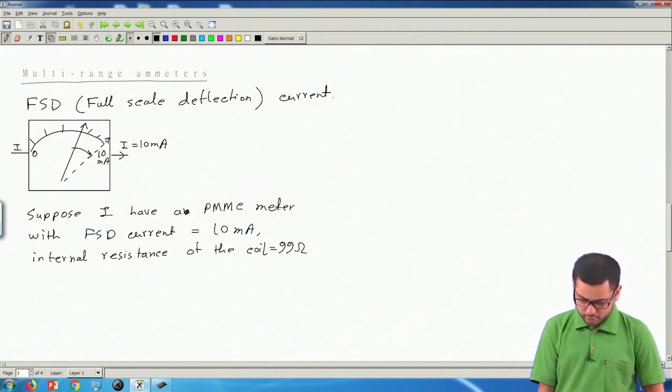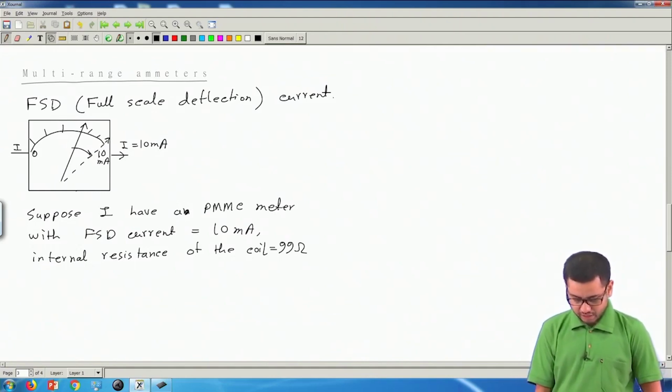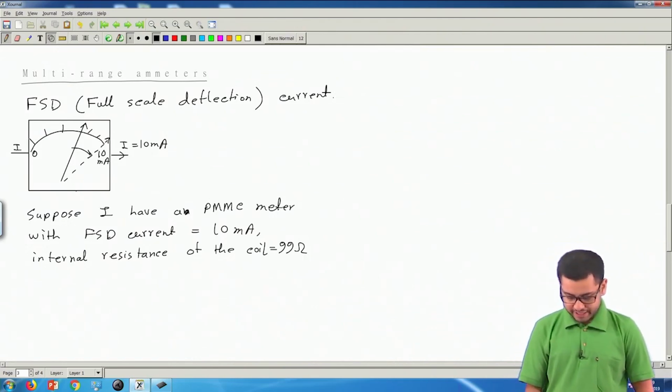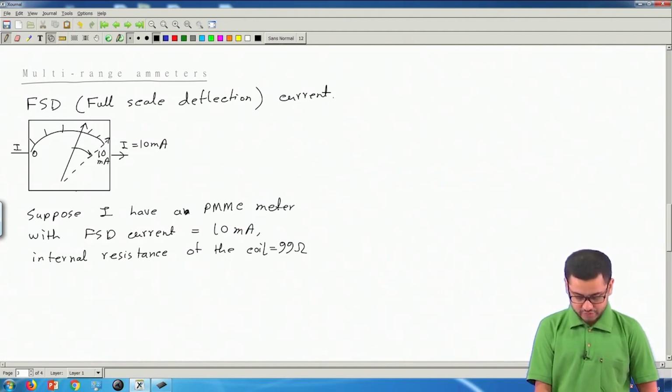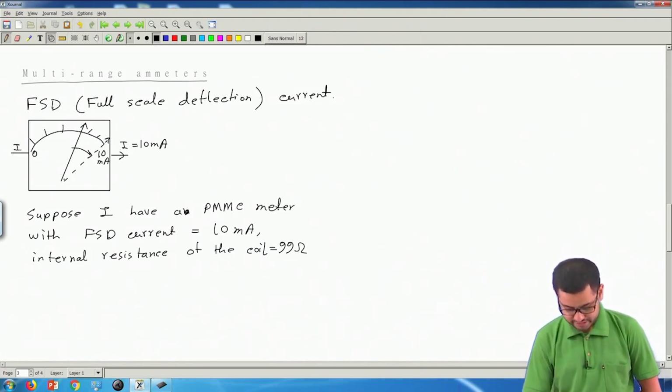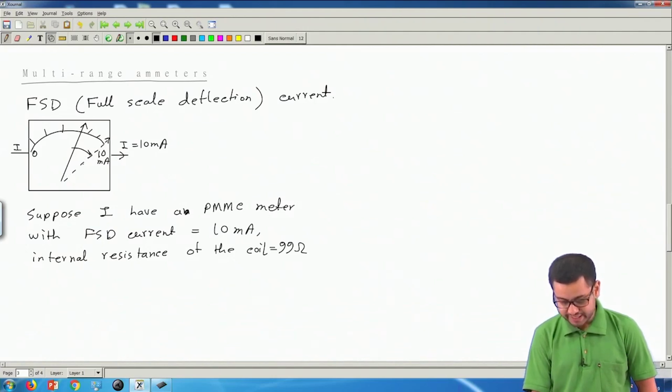Now suppose I want to measure a current which is say 100 milliampere or close to say 1 ampere. Can I measure that current with this meter? What will happen if I pass 100 milliampere current through this meter? Firstly, the pointer will of course get to its maximum possible position and will get stuck.